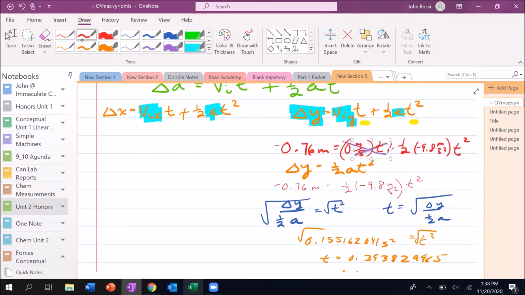So now on my x side, I can find this unknown: the delta x is equal to my initial velocity in the x, which was 1.042 meters per second, times my time of 0.4 seconds.